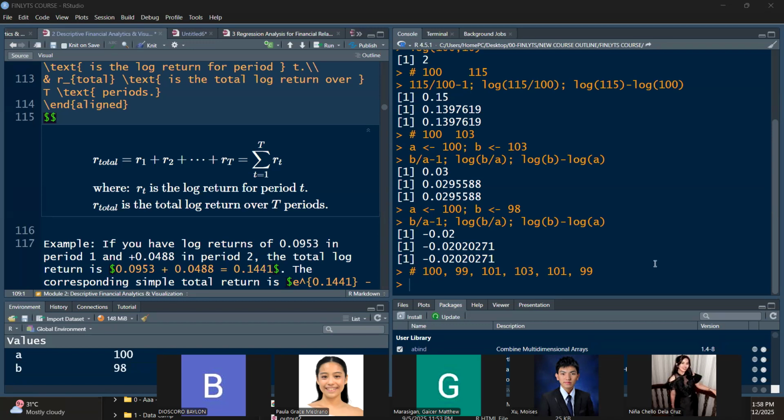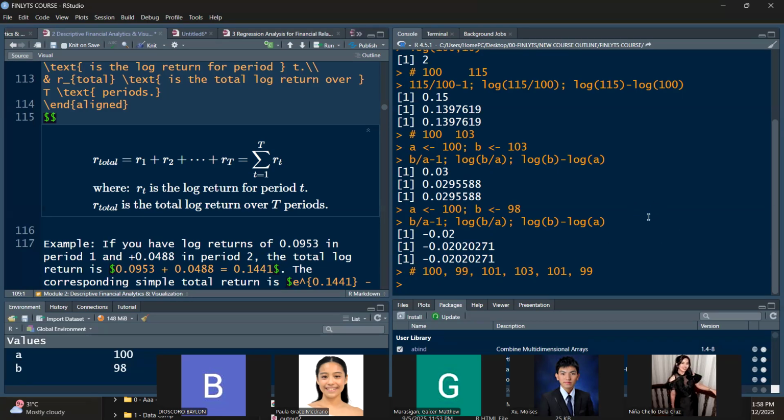You have 6 prices, but you have 5 periods. You cannot compute the returns of 100 without the 99. You have to compare the present with the previous. So this is one period, another period, another period, another period, another period. So there are 5 periods with 6 prices here.